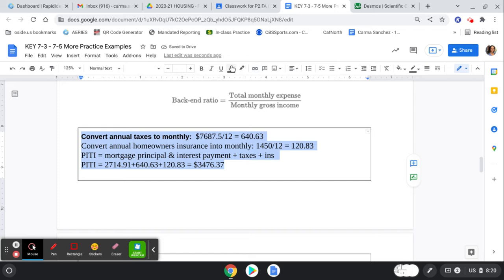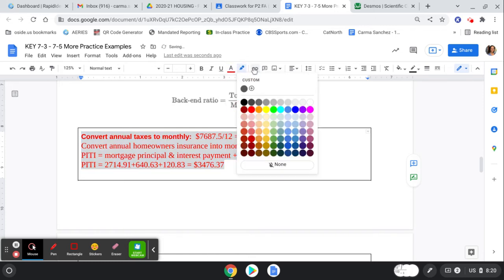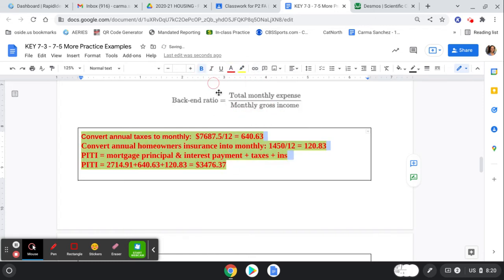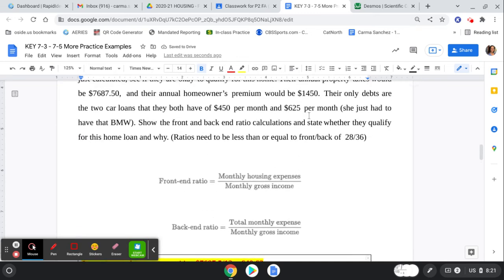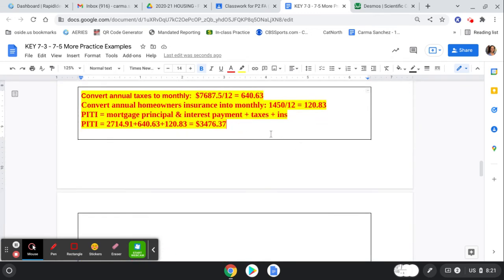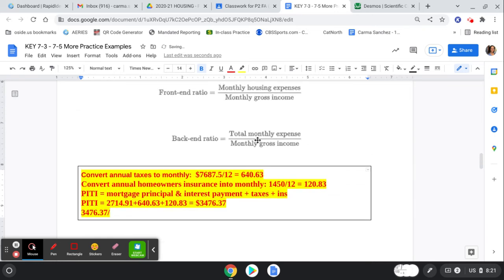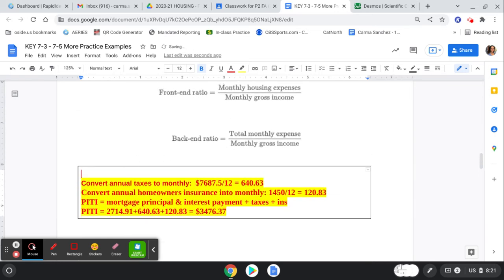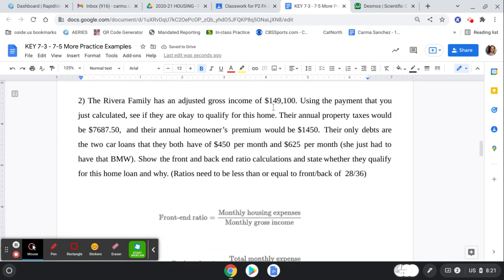So let's now calculate their ratio to see if they qualify. So if you go up here to look at what it's asking, it says show the front and back end ratios to state whether they qualify. So taking the $3,476 and 37 cents, dividing that by their monthly income. So their adjusted gross, okay, so 149,100.